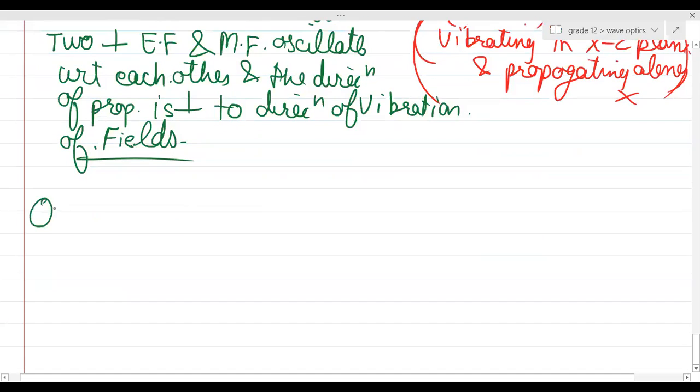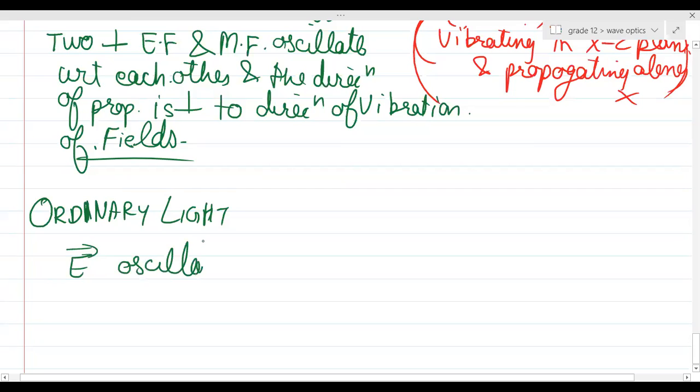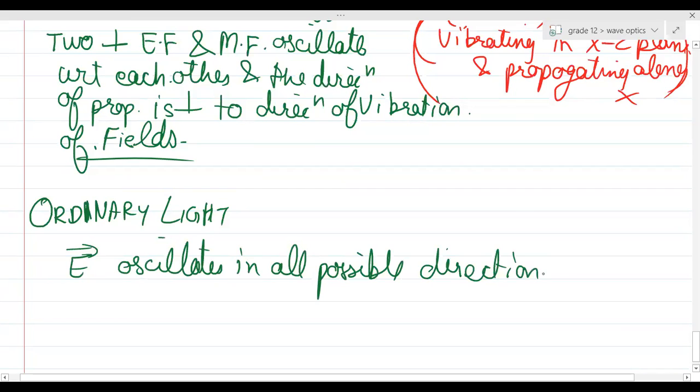Yes. Now let's talk about ordinary light. What is ordinary light? See, the light which you know as of now, it's basically an ordinary light, right? What happens in this ordinary light? The electric field oscillates in all possible directions, along the 360 degrees, right?